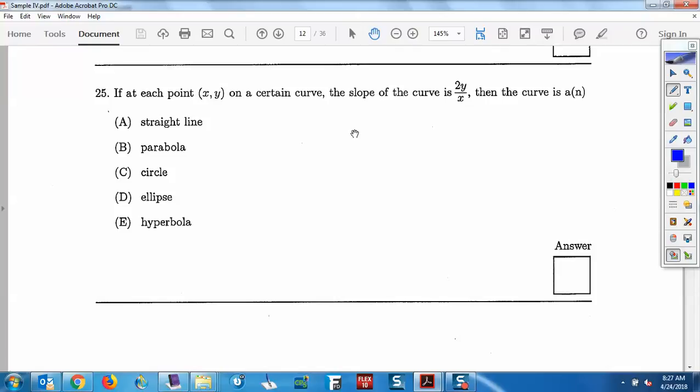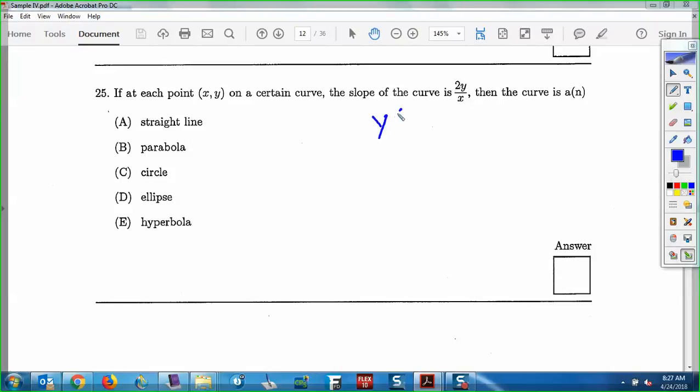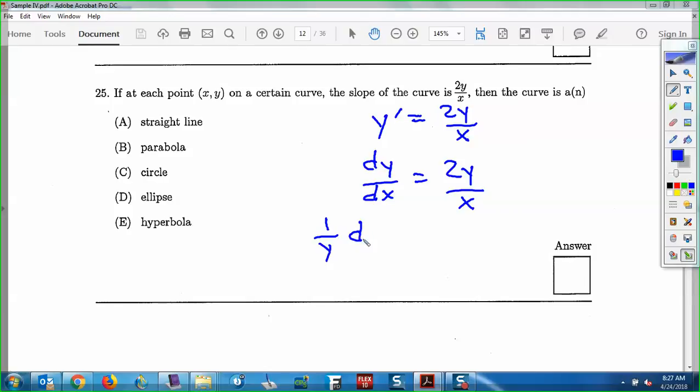Separation of variables. You would write this: the slope of the curve is 2y over x. So that's y prime equals 2y over x, which means dy over dx is 2y over x, which means we separate variables. We divide. I would leave the 2 there probably. So we get 1 over y dy, and then multiply the dx over there.